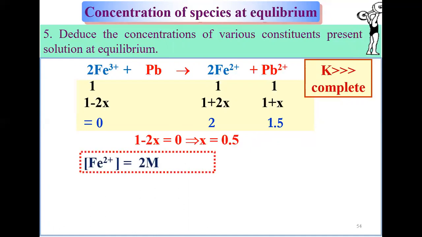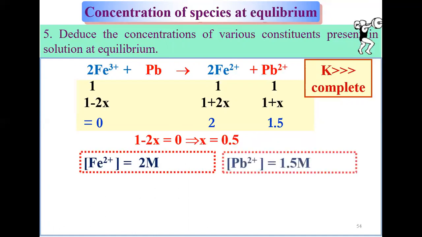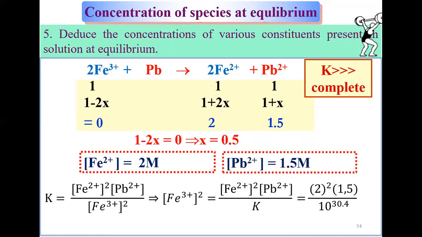So we have the iron 2 plus concentration, we have the lead 2 plus, and we want to calculate the concentration of iron 3 plus because we know all the other species. But iron 3 plus is 0. Well, there's no such thing as 0. Remember, there's always a back reaction.